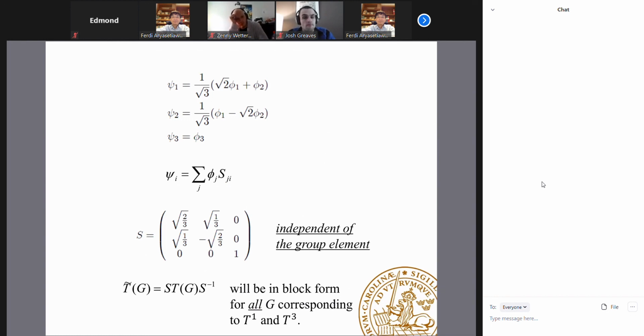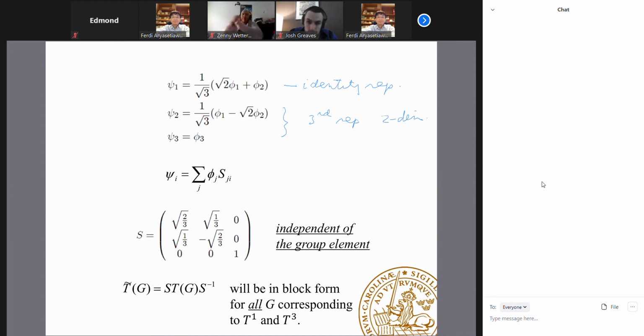So now we can construct a new set of basis functions. So this is the identity representation. And these two then belong to the third representation, the two-dimensional representation.